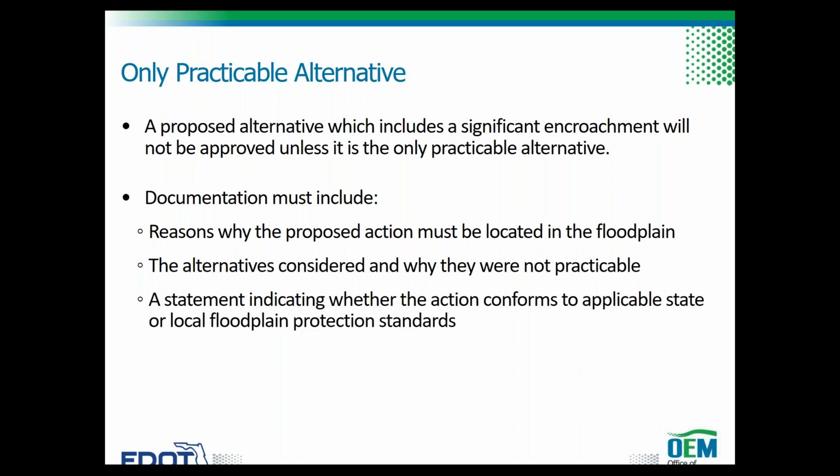The only practicable alternative finding must be included in the final environmental document and must be supported by the following information: the reasons why the proposed action must be located in the floodplain, the alternatives considered and why they were not practicable, and a statement indicating whether the action conforms to applicable state or local floodplain protection standards.